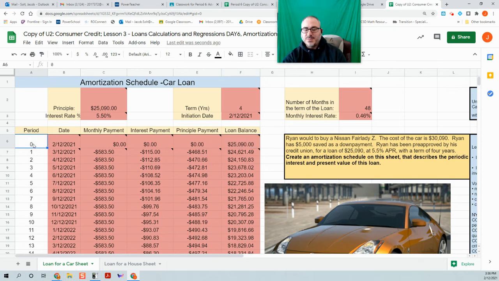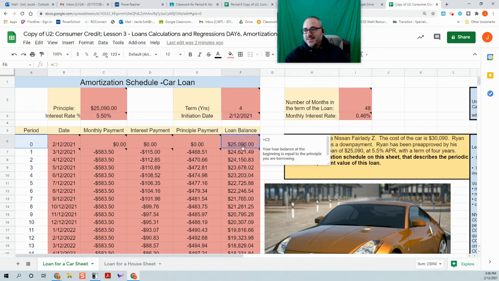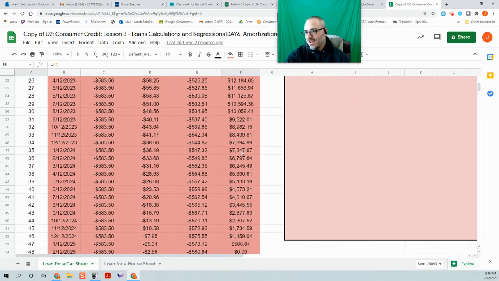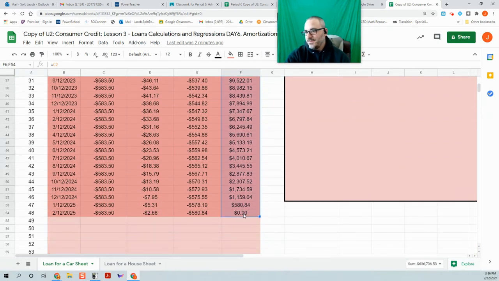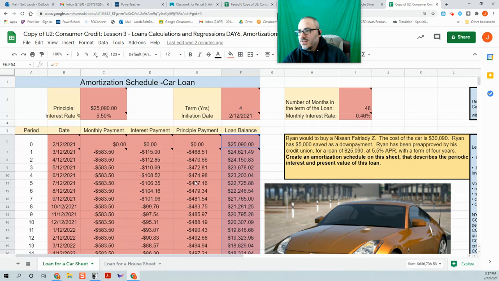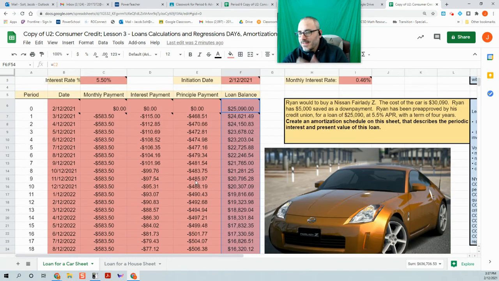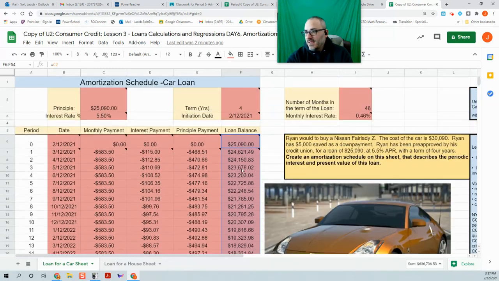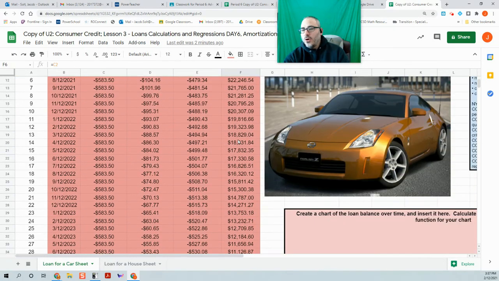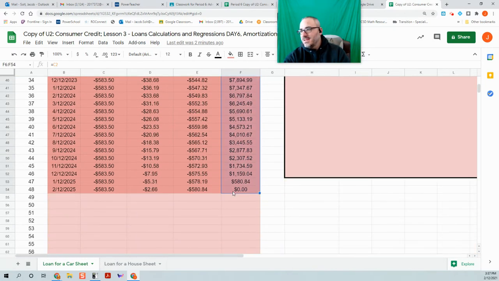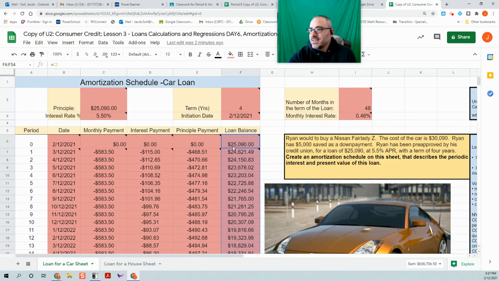I selected period, and then I hold down the control button, and that way it selects them both. Now let me see if I can get all of this without getting the stuff in between. Ooh, I don't know if I like that. Oh well. All right, I'll figure it out. Anyway, so I'm going to select here, hold on the shift key, scroll to the bottom, select there. That's my loan balance over time.